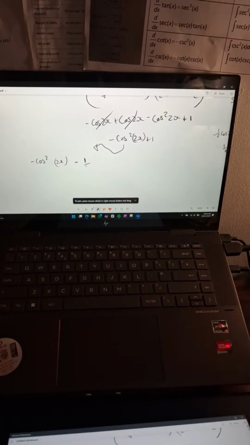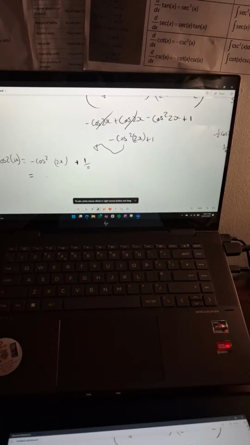And because this is minus, this will become a plus, and cos 2x will become minus as well.